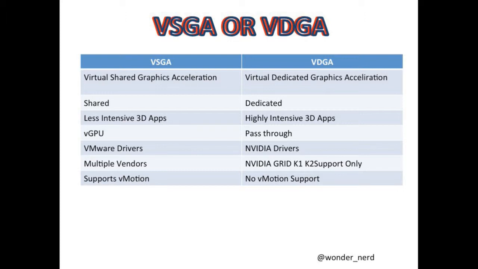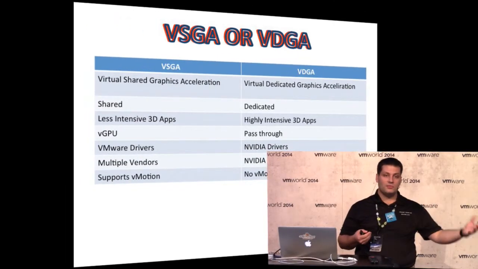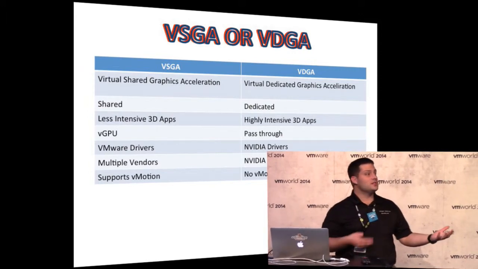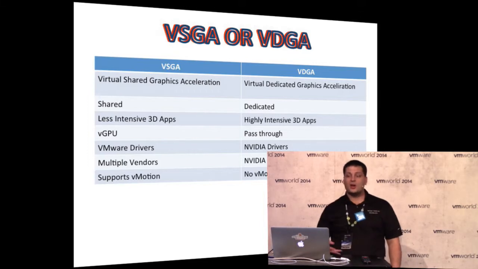Here on the screen, you'll see a listing of comparisons between VSGA and VDGA. VSGA is shared graphics, whereas VDGA is dedicated graphics. And that's really the difference. VSGA uses the standard sharing mechanisms that we've all come to know from VMware to share the graphics card.